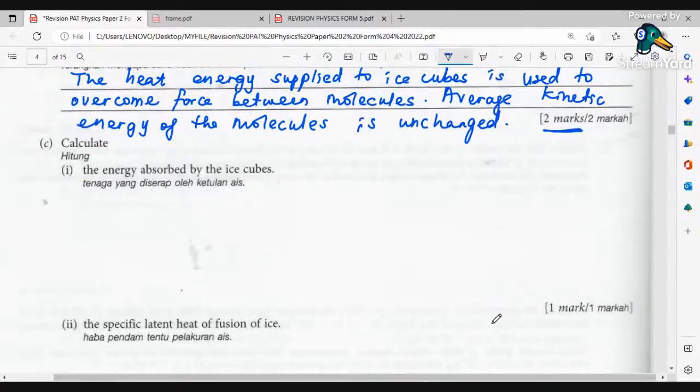So energy absorbed by ice cube or energy supplied by heater, Q equals to PT, power multiply time. So 200 time ialah berapa minit tadi? 2 minutes.